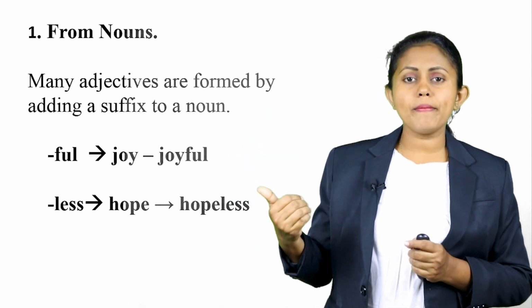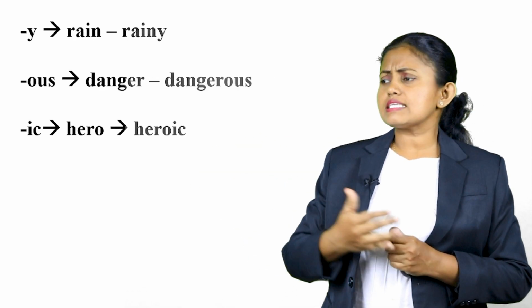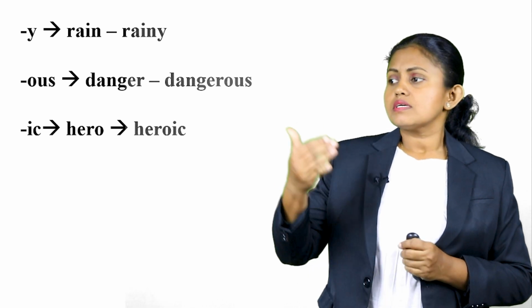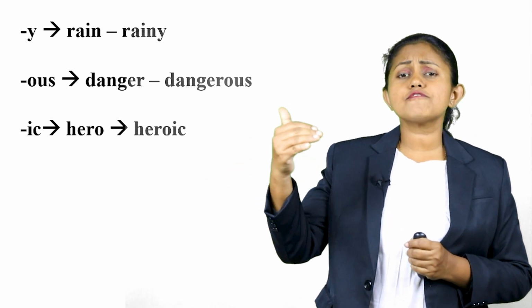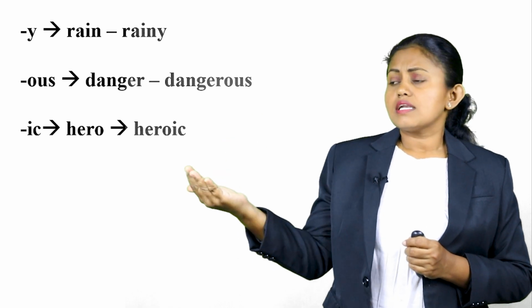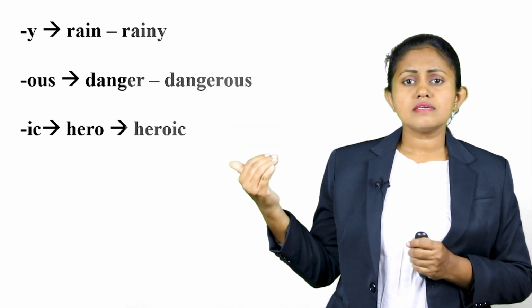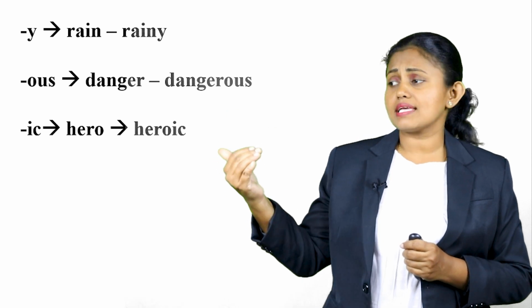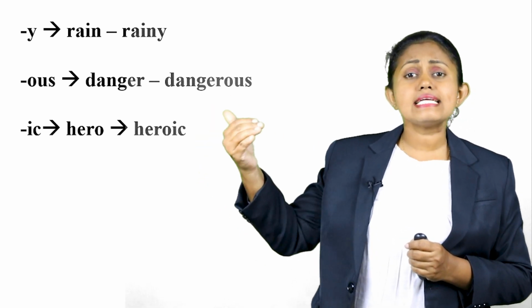The noun hope becomes the adjective hopeless. Let's see more examples. You can add the suffix y at the end of some nouns, like this. For the noun rain, we can add the suffix y to make the adjective rainy. It's a rainy day.